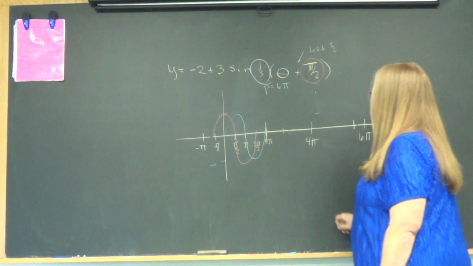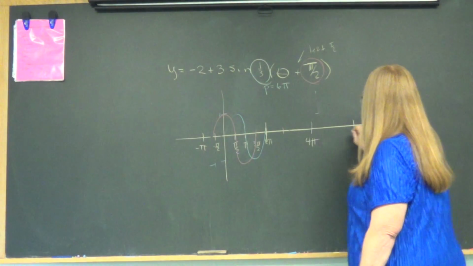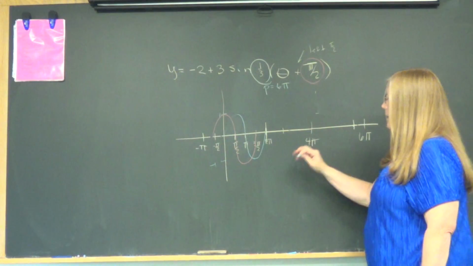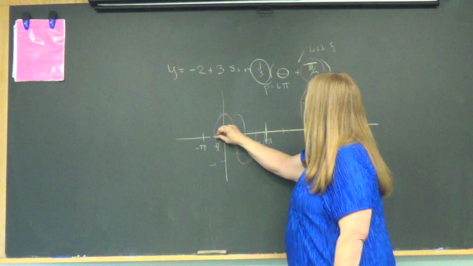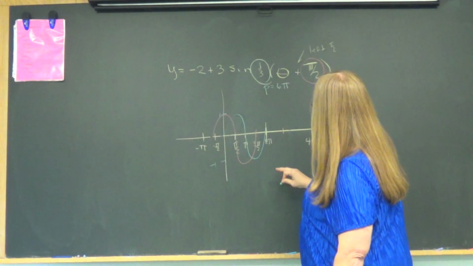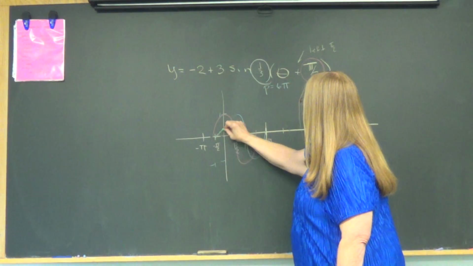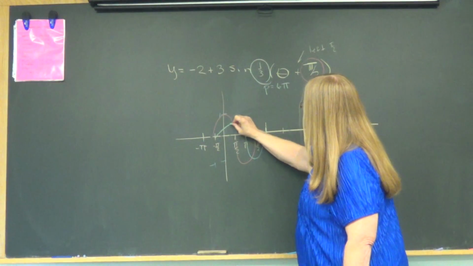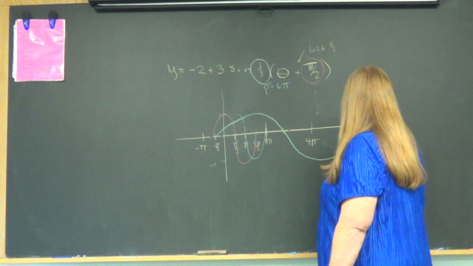So in green, I'm starting here and ending here, just in front of 6 pi, because of that shift, pi over 2 to the left. So where did I say the middle was? About right here. So it's going to peak here, or that's where it comes down, sorry. It's going to peak, come down, bottom out, and go back up.